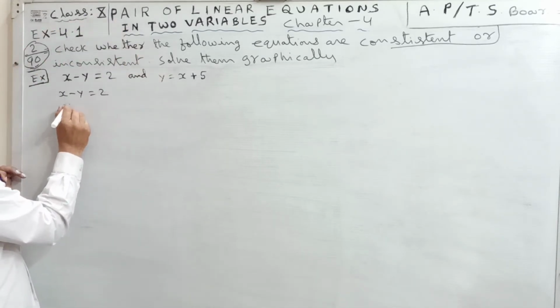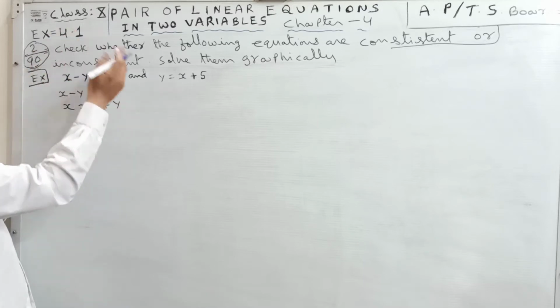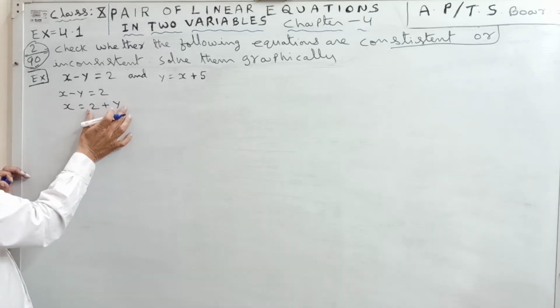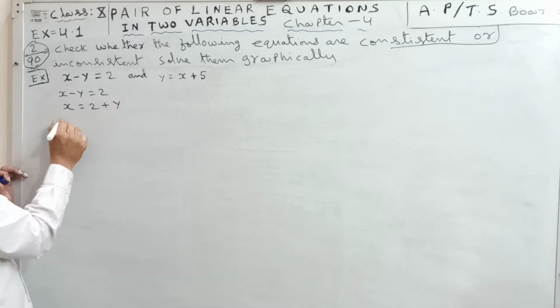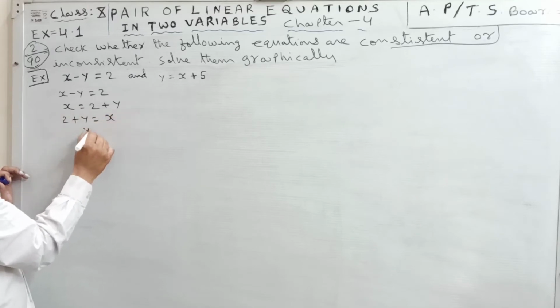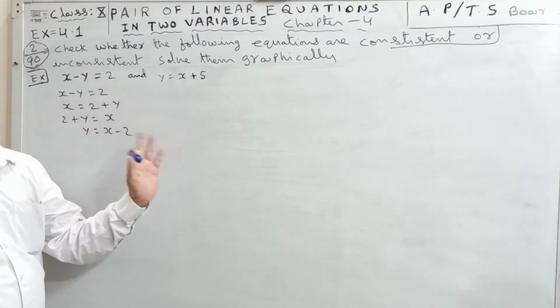That is x is equal to 2 plus y; minus y to the right side means plus y. So again the right side value I am writing to the left side: 2 plus y is equal to x, y is equal to x minus 2.